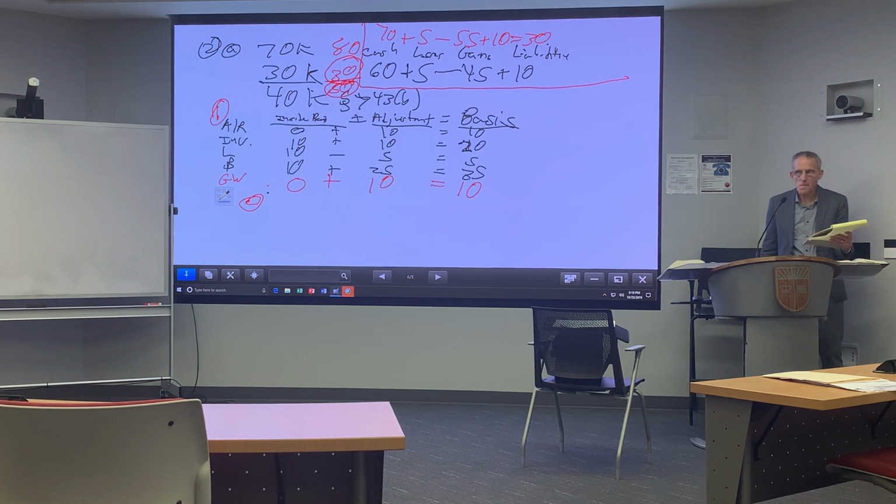Now, question C. What is the partner's outside basis? 70, right? Everyone agree? He buys it for 60, but his outside basis, because of the liability, is 70, right?